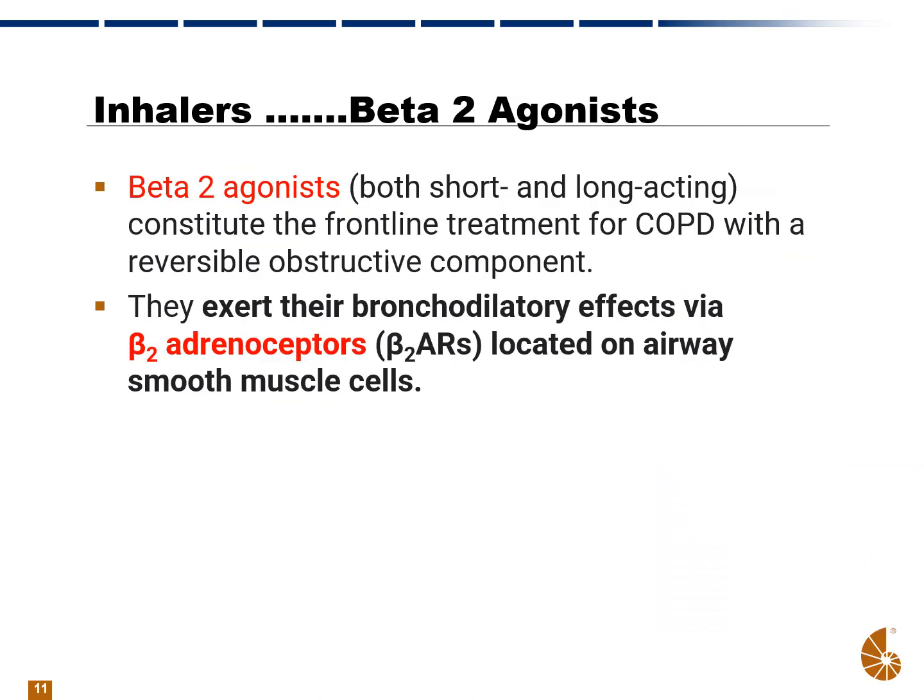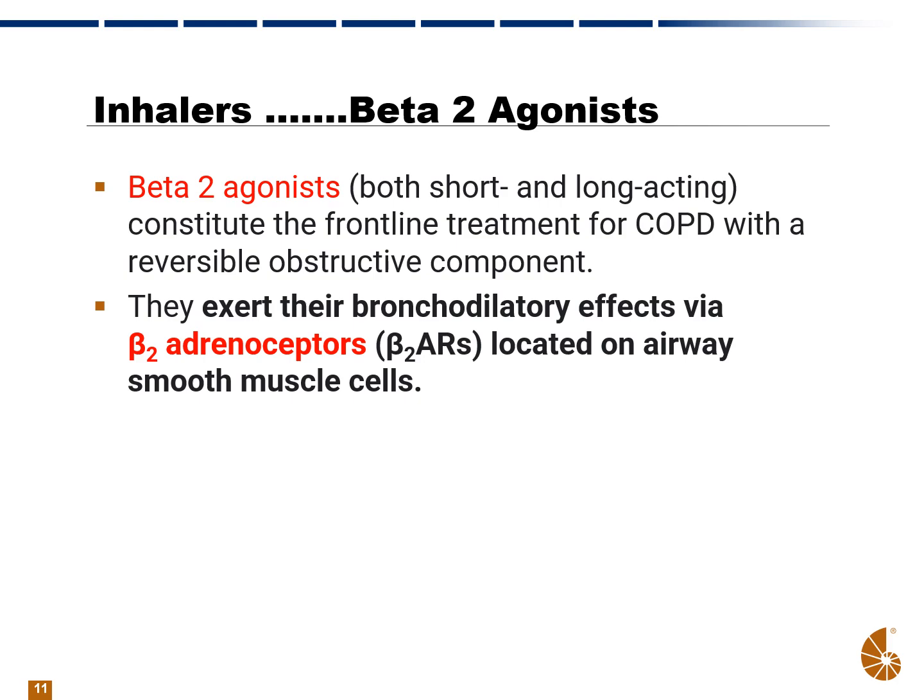And typically, inhalers use a bronchodilator type inhaler for COPD, which may have a reversible component. And we use what's called beta-2 agonists, or short and long-acting drugs that cause bronchodilation or opening up of the breathing tube if they have any reversible obstructive component.